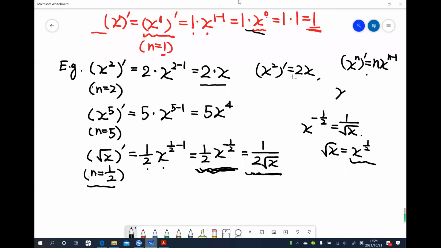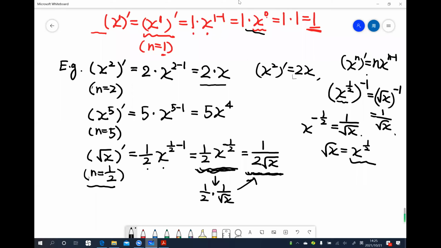We can write like this: x power 1 by 2, power minus 1, and inside this one is square root of x. And power minus 1 means 1 by square root of x. So the final result is 1 by 2 times 1 by square root of x, so we get 1 by 2 times square root of x.